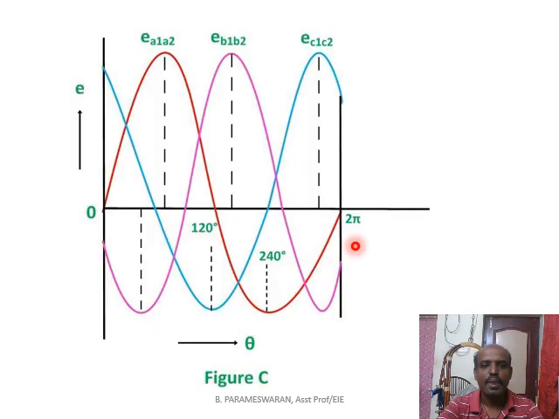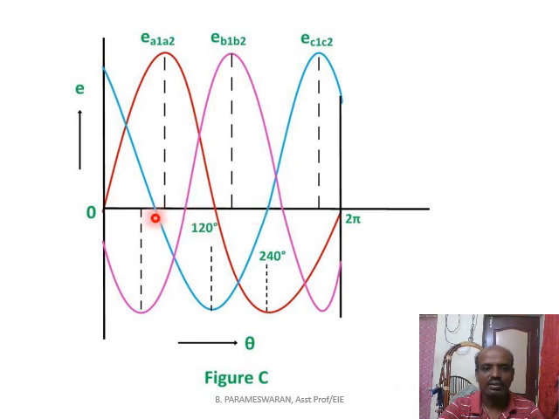So this is the EMF induced in the three coils. This shows the EMF induced in the first conductor, A1 A2. It starts from the angle of 0 degrees. If you see the second conductor B1 B2, it starts 120 degrees apart from the first conductor. The EMF produced in the third conductor is 120 degrees apart from the first conductor and 120 degrees apart from the second conductor.